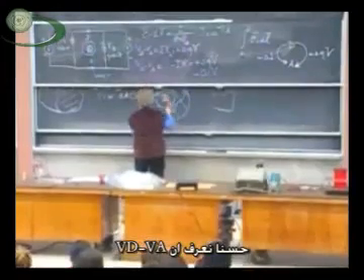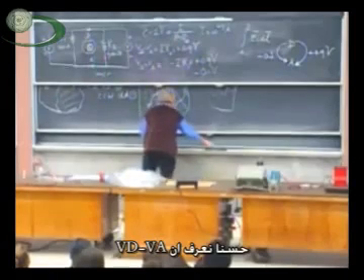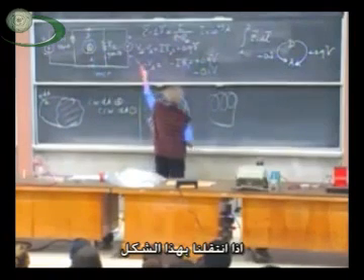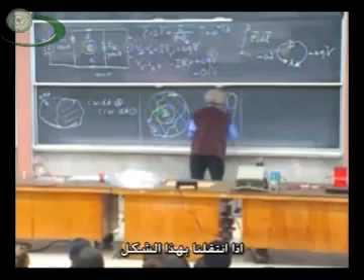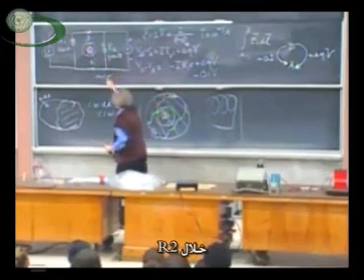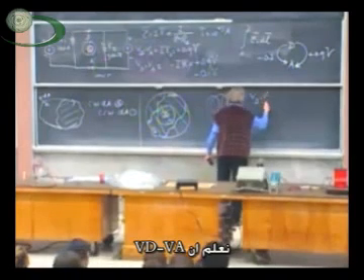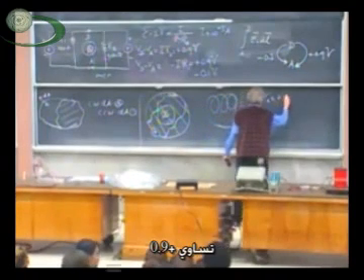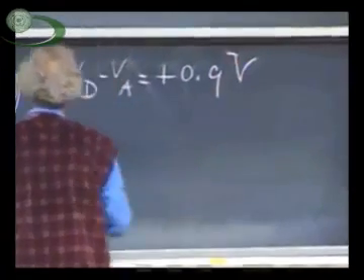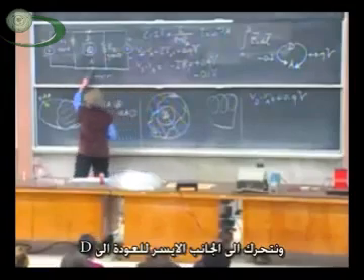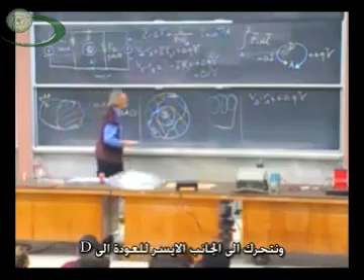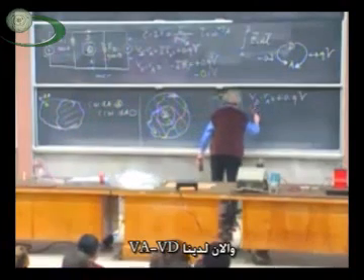Well, we know that Vd minus Va, if we go this way through R2, is plus 0.9 volts. Now we are at A, and we go through the left side back to D. So we now have Va minus Vd.